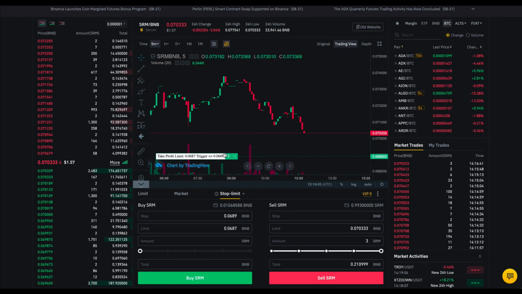It is saying when price hits there, do that. So when price hits 0.0689, buy 3 Serum tokens at 0.0687. It will then place that limit order, and you don't need to be around for that to happen.